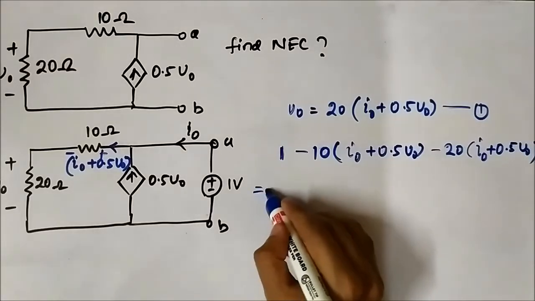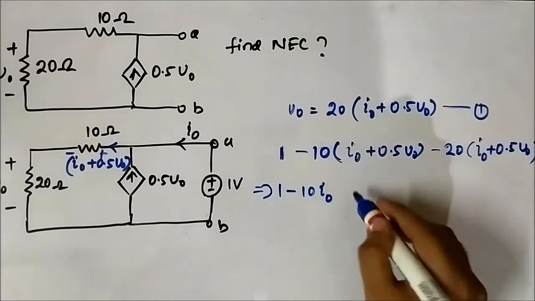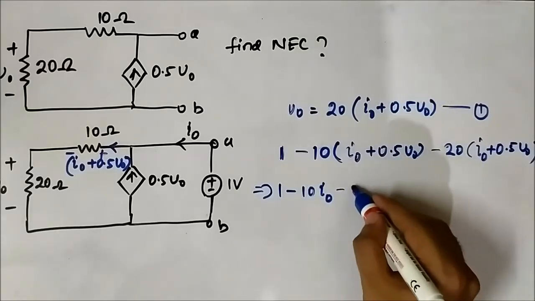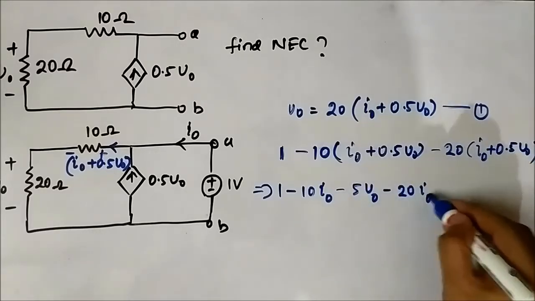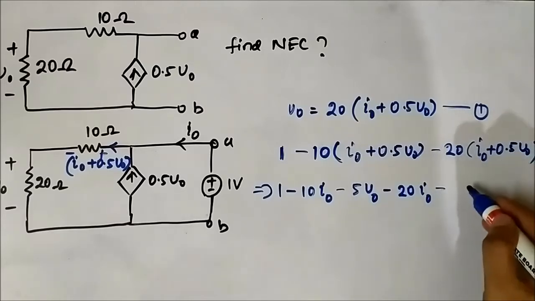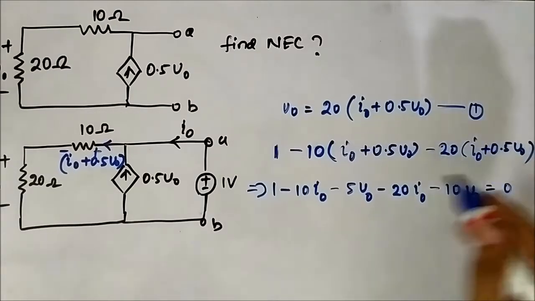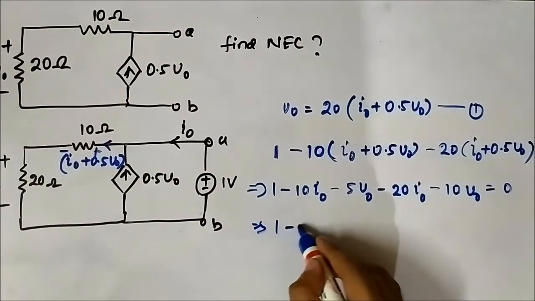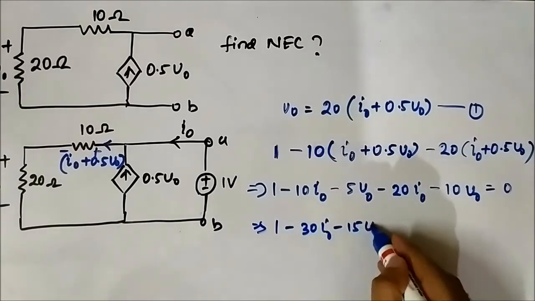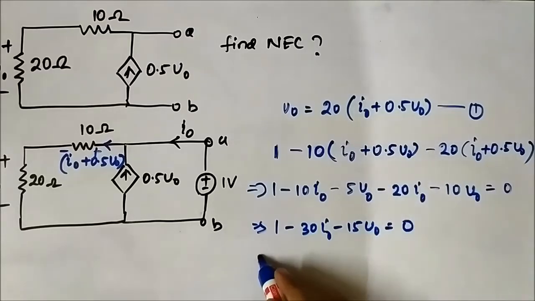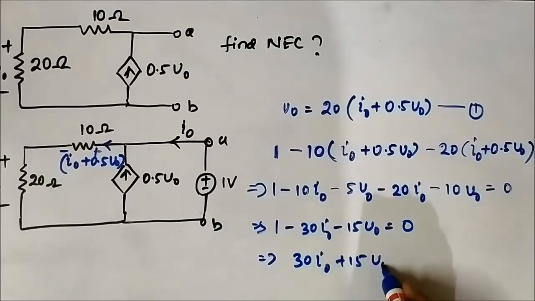Again, if we simplify it, it will become 1 minus 10 I0 minus 5 V0 minus 20 I0 minus 10 V0 equal to 0. That implies 1 minus 30 I0 minus 15 V0 is equal to 0, that implies 30 I0 plus 15 V0 is equal to 1.